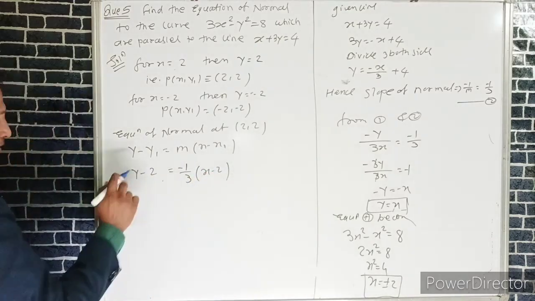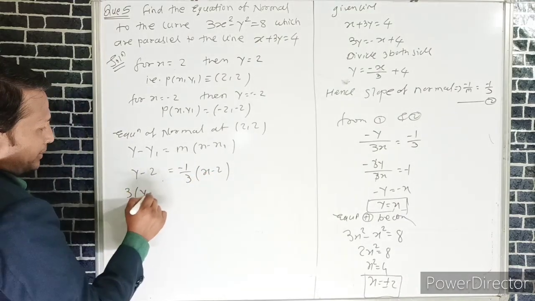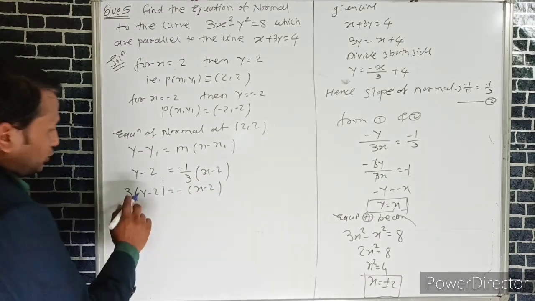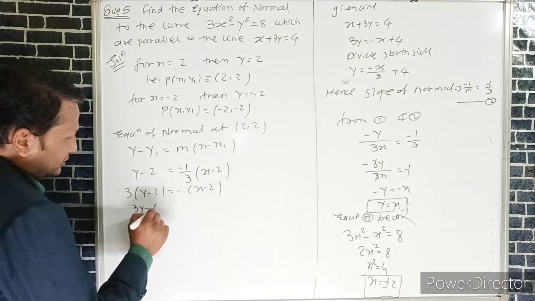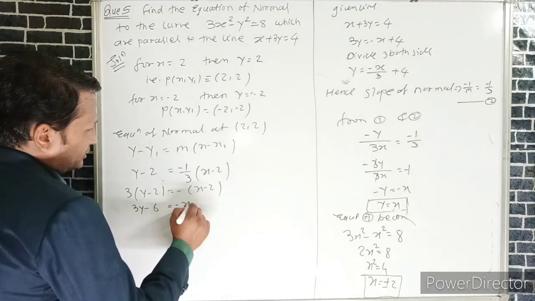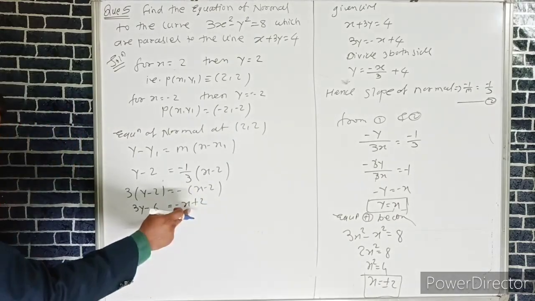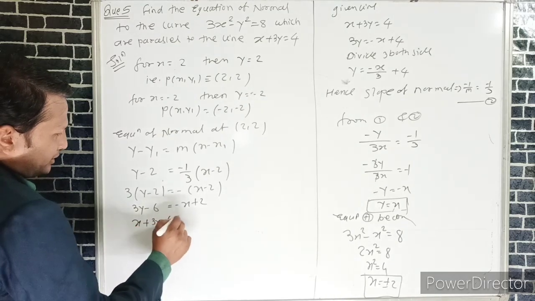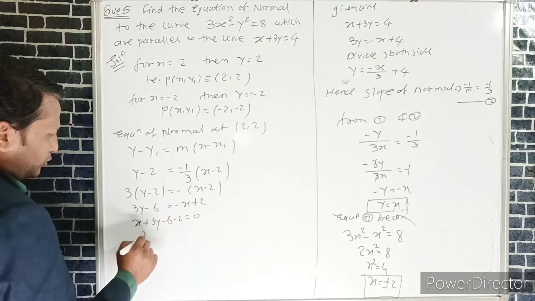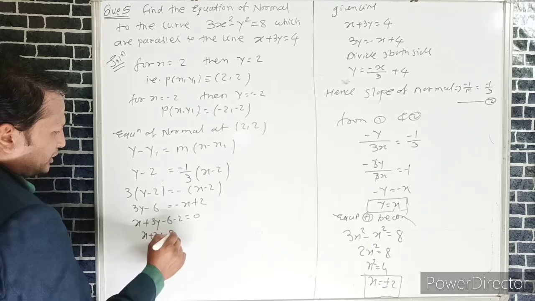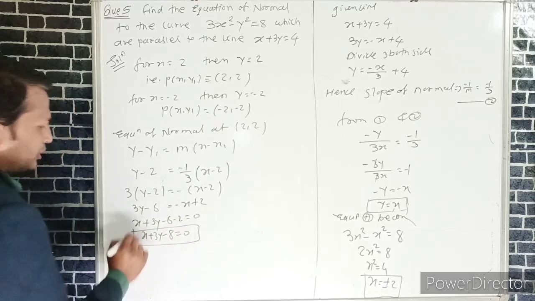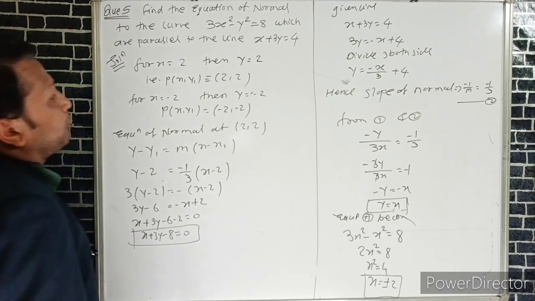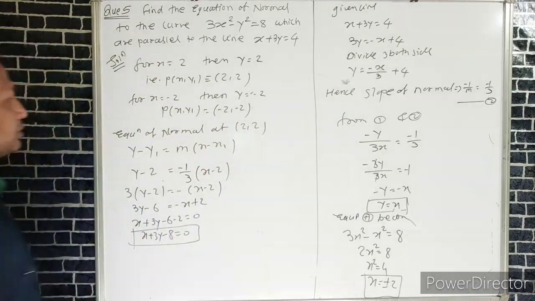If we take this 3 to the right side, we get 3 into y minus 2 is equal to minus x minus 2. 3y minus 6 is equal to minus x plus 2. If we shift this minus x to the right side, we can write x plus 3y minus 6 minus 2 is equal to 0, which is x plus 3y minus 8 is equal to 0, which is the required equation of normal at the point 2 comma 2.